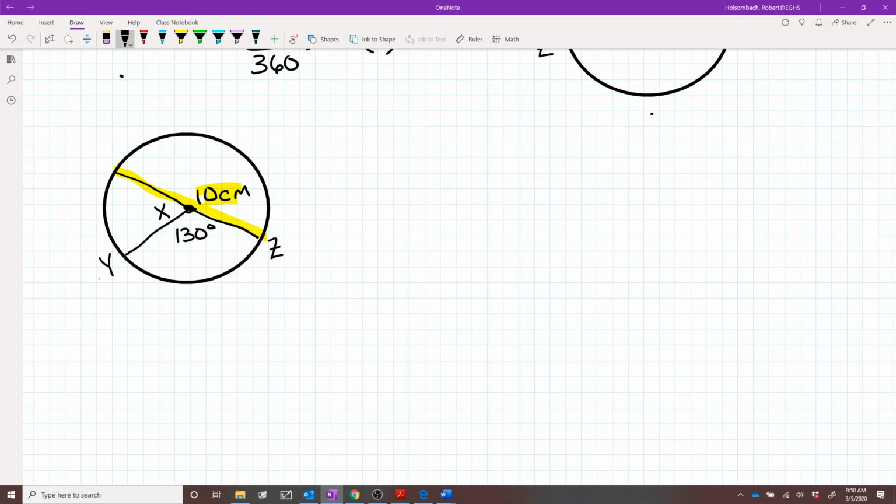So the length of arc YZ is equal to 130 divided by 360 times 2 pi, and now your radius is 5.